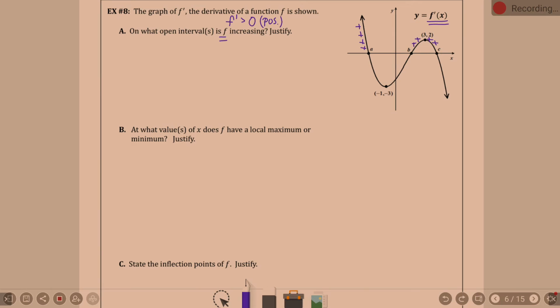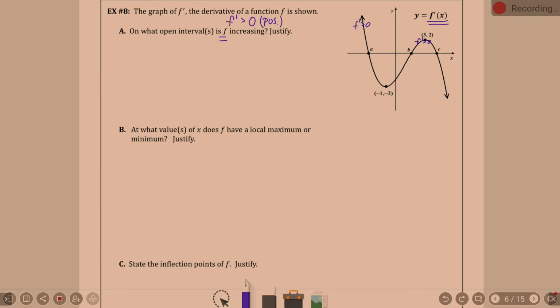Now, maybe I didn't want to write those positives and negatives in. Here, I'm gonna change my mind. I did. So right here, derivative greater than 0, derivative greater than 0.